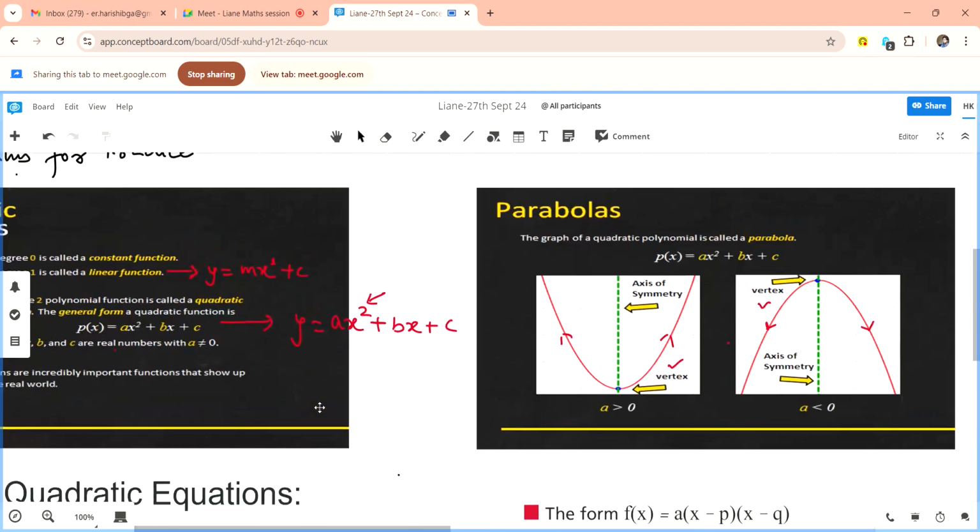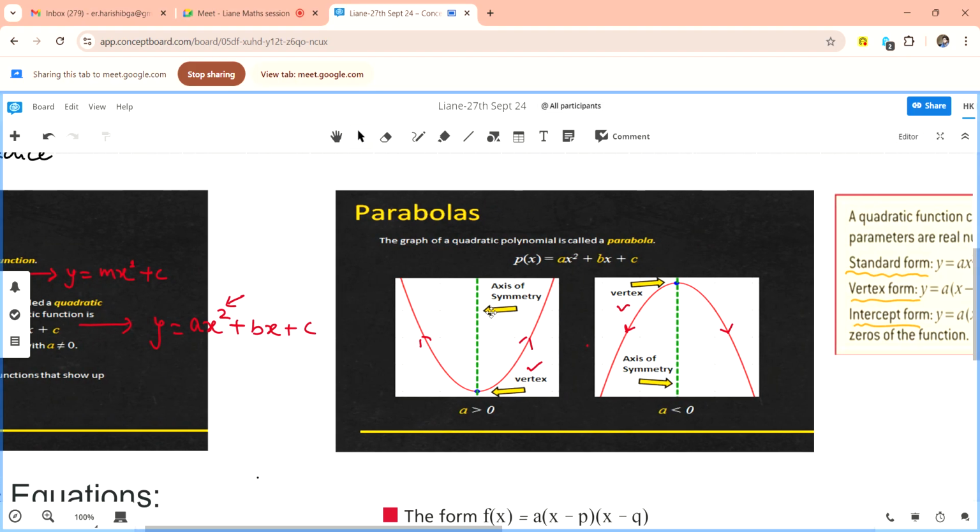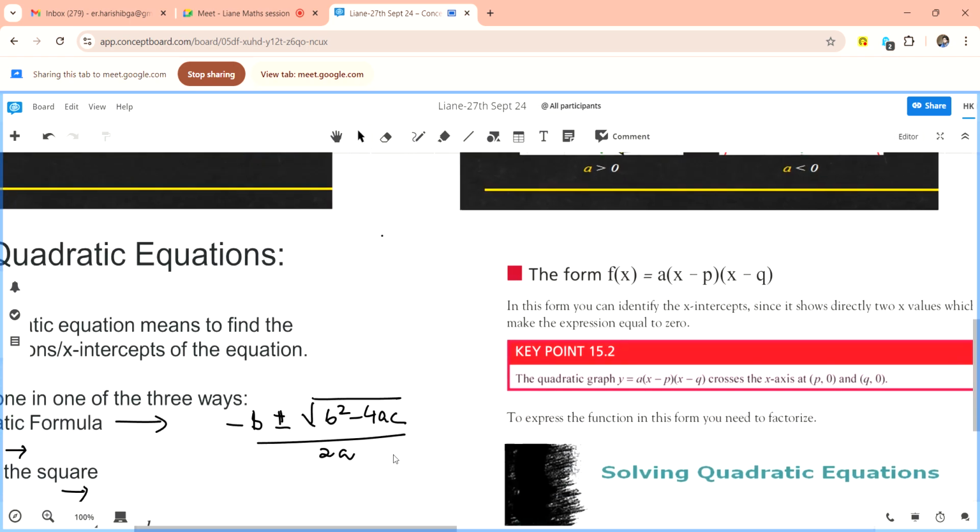So that will be h in this case. If you see the graph here, you can see the axis of symmetry line is the vertical line, and the equation of a vertical line is always x is equal to the x coordinate through which it is passing, which is x is equal to h in both of the cases.